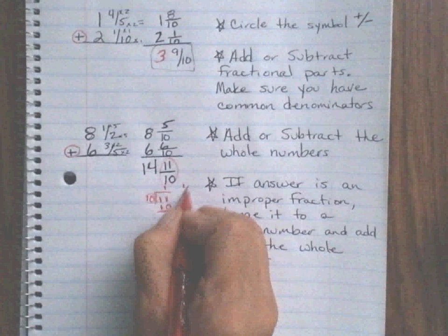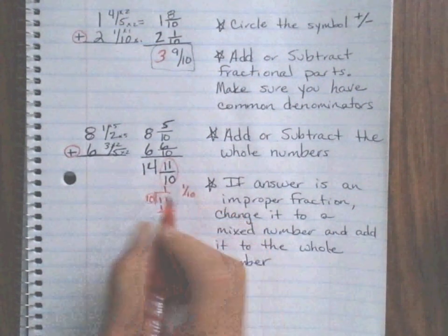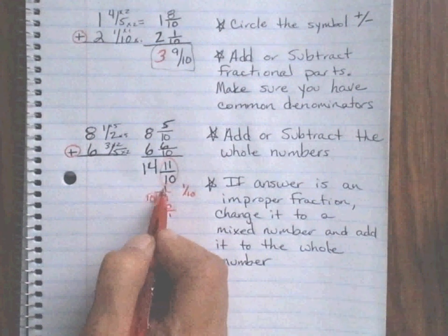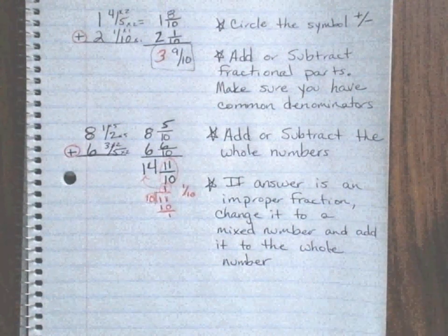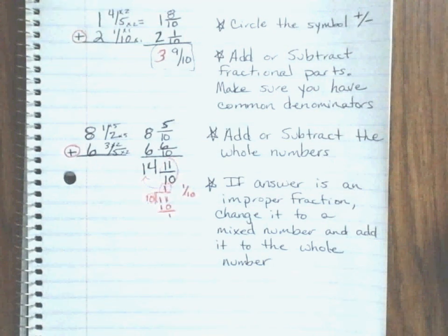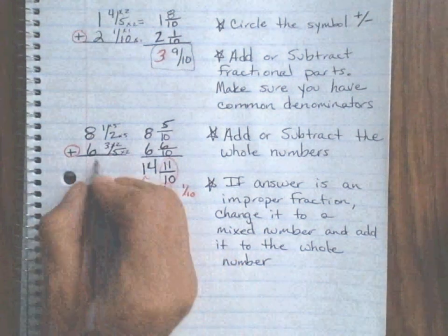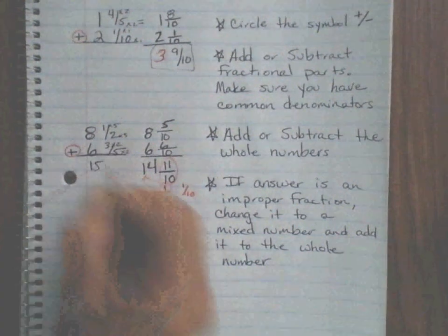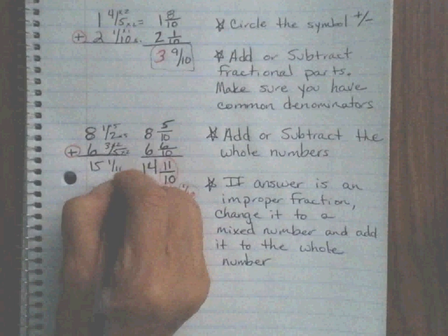The divisor becomes the denominator. So now I have 1 and 1/10. So I'm going to take this 1 and add it to that 14. So that's going to become 15. And then my fractional piece is now 1/10. 15 and 1/10.